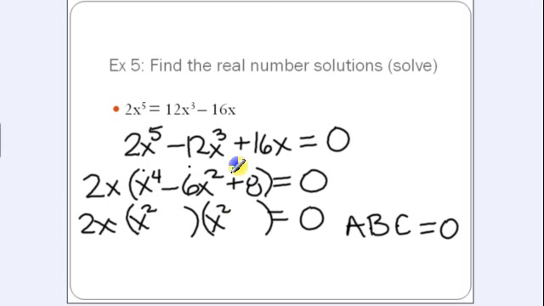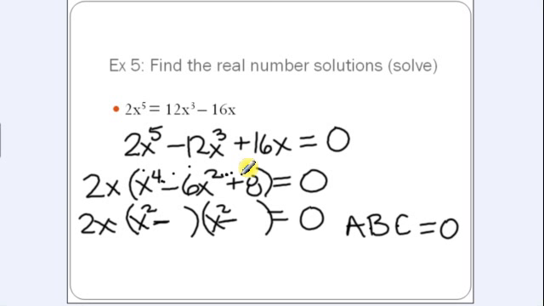I see I have a positive here and a negative here. Well, if last times last is equal to a positive, but then outside times outside plus inside times inside needs to equal a negative, that tells me these both need to be negative, because a negative times a negative will get me to a positive, but a negative plus a negative will get me to a negative.